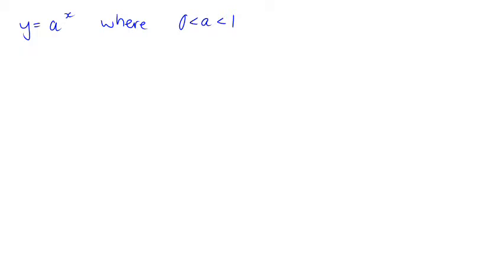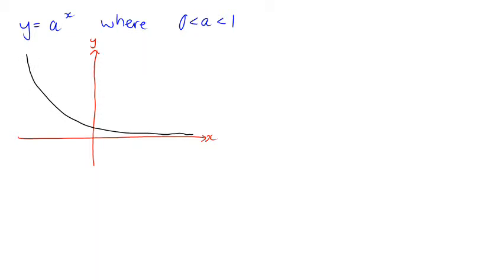So a between 0 and 1 looks like this. It goes the opposite way. So this one would be y equals 1/2 to the x.